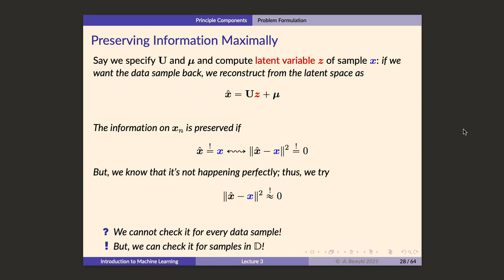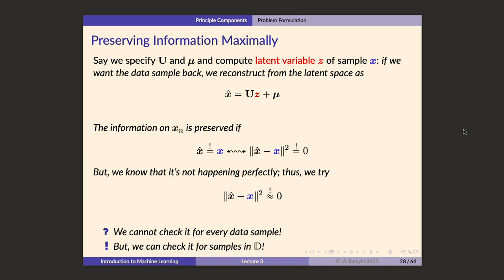So now, if I wanted to do it in the ideal world, what should I do? I should look at every possible x in my data, compute this distance for every single one of them, and try to make it very small for every single one. But this is not really happening in practice because, first of all, I don't have access to all the data. I just have access to a dataset, which contains some samples of the original data.